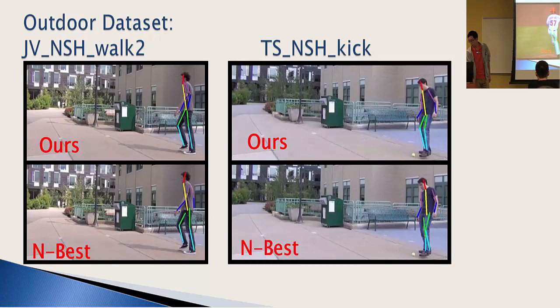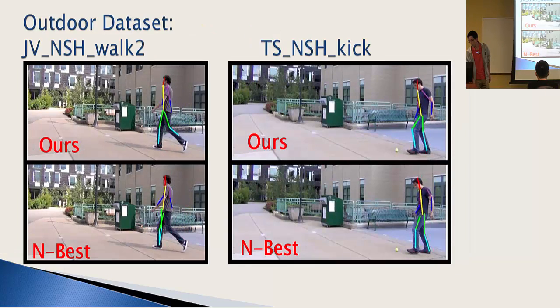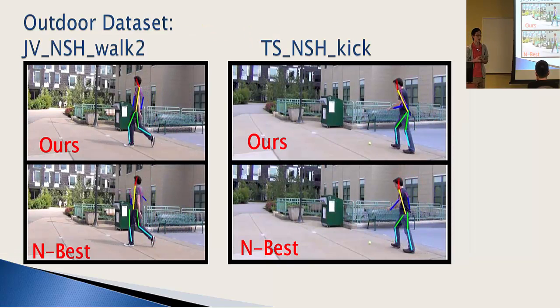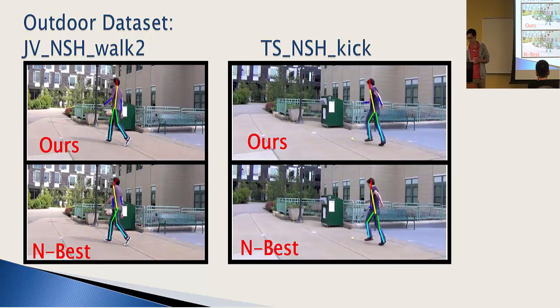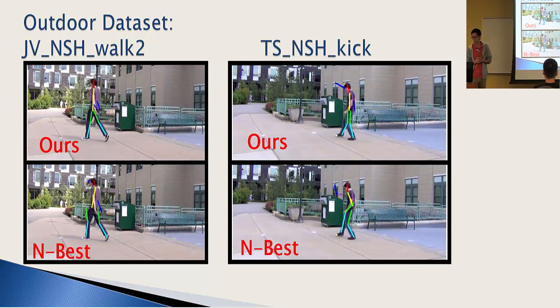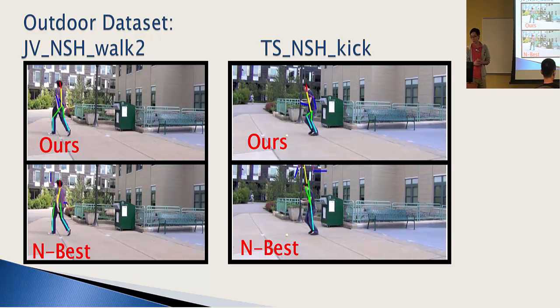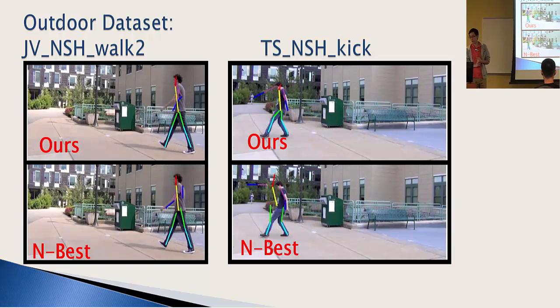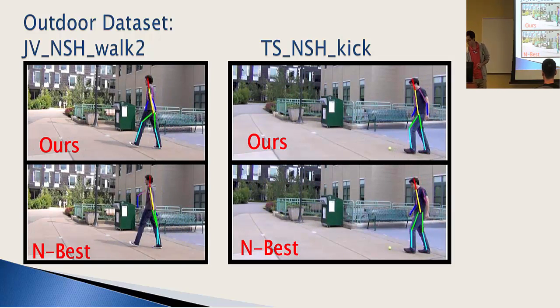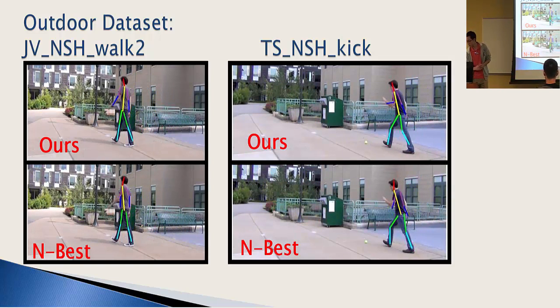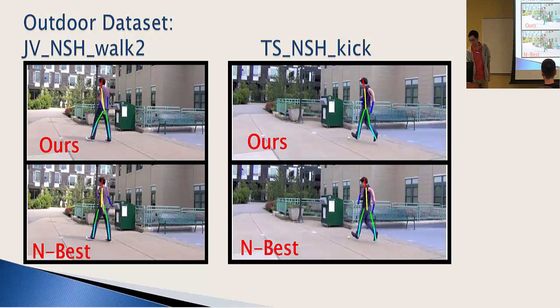And here are the results for two more videos from the outdoor data set. The people in the videos are doing activities which are quite complex, and the second person moves very fast also.